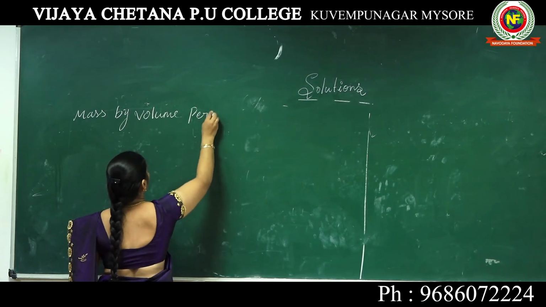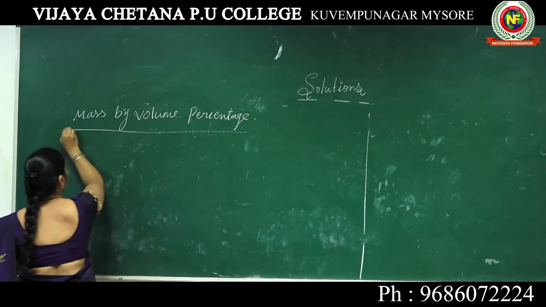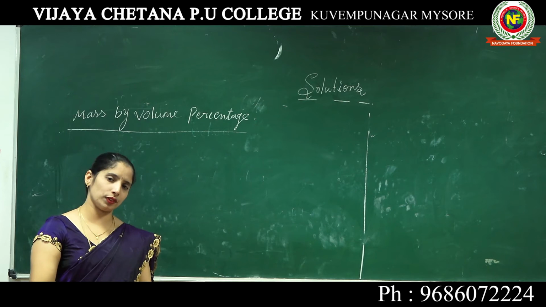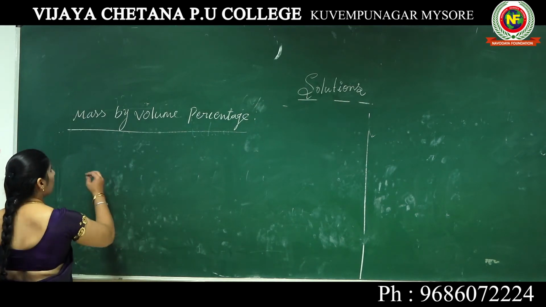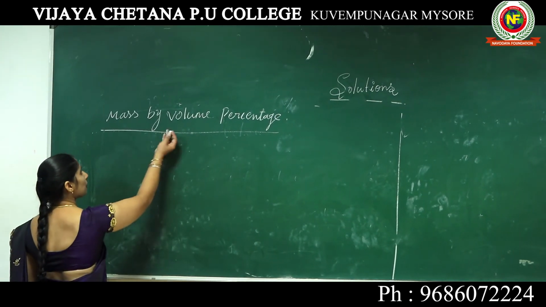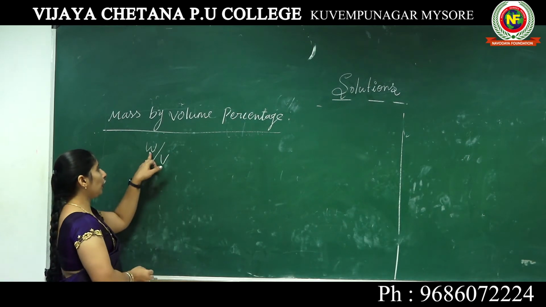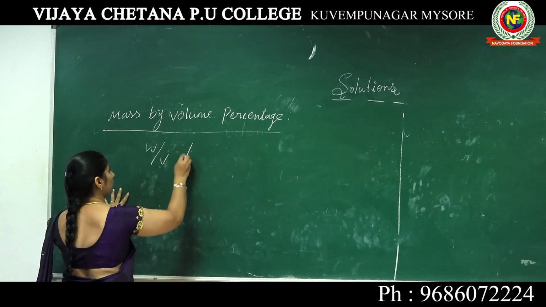So how to write the mass per volume percentage of the component? We know that mass by volume is W by V. W means mass, V means the volume.